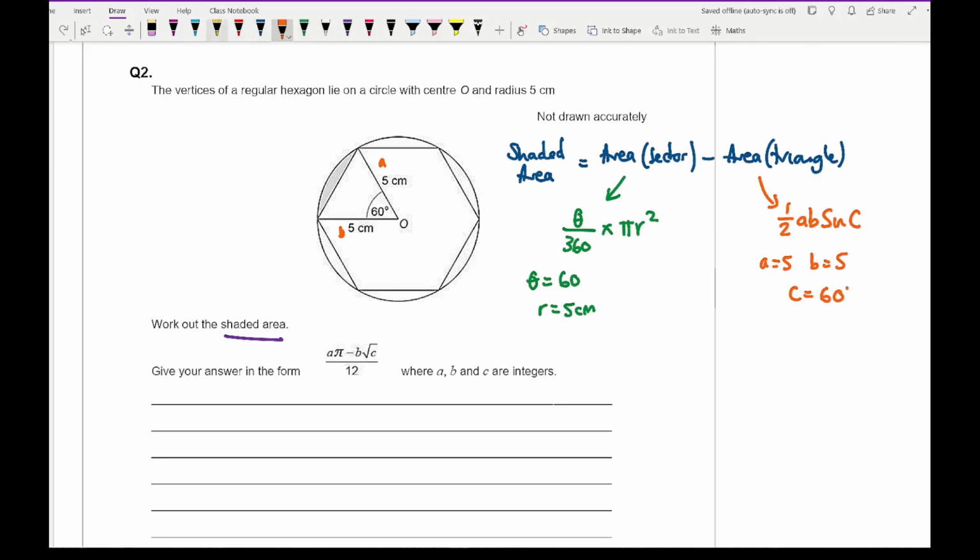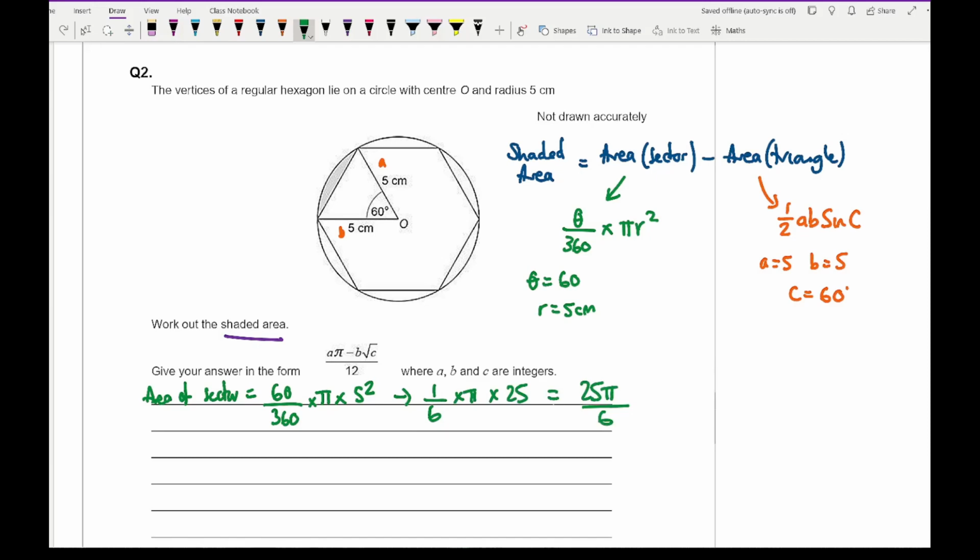So the area of the sector, substituting the numbers in, is 60 over 360 multiplied by pi times the radius squared, which is 5 squared. That becomes 1 over 6 multiplied by pi times 25, which equals 25 pi over 6.